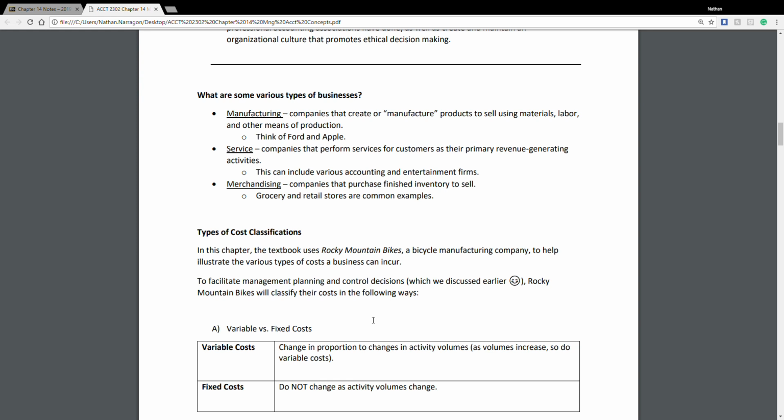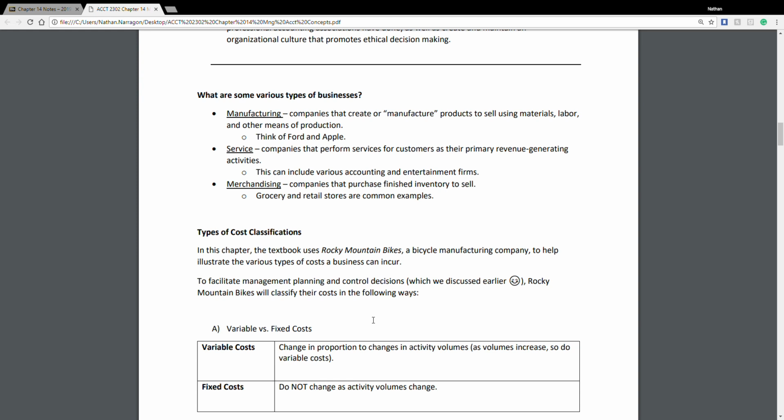These are companies that make a product and will have inventory. This is what we're going to mostly focus on in these chapters: the manufacturing base, especially material, labor, and overhead.